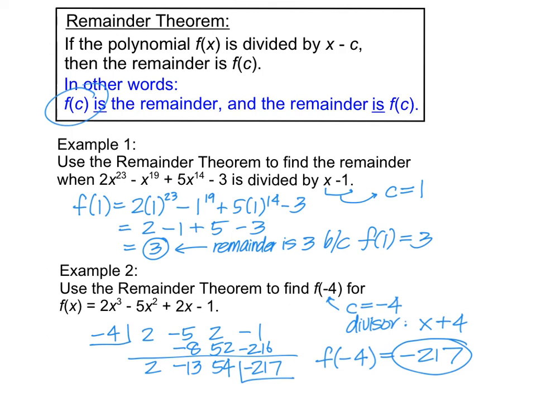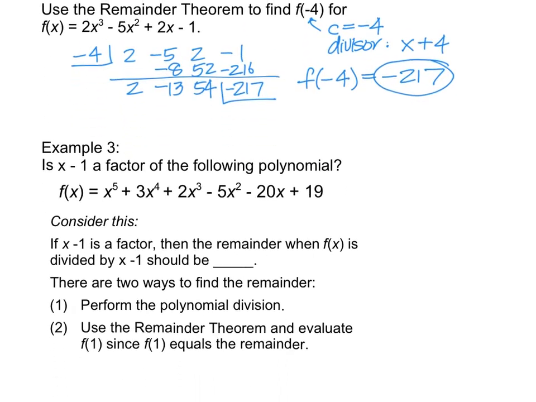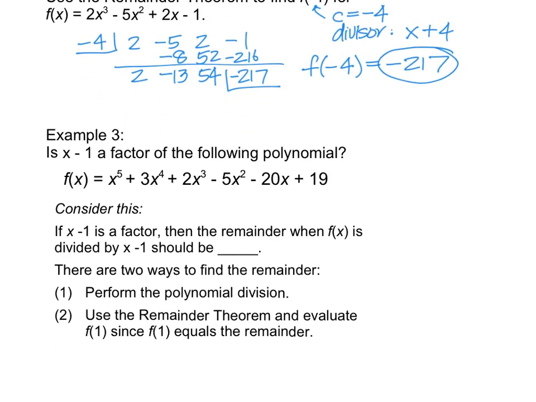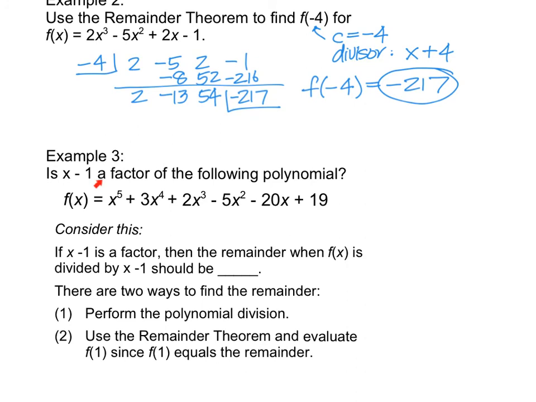Lastly, we're going to look at example 3. Example 3 here says, is x minus 1 a factor of this polynomial? Well, if x minus 1 is a factor, then when you divide this polynomial by x minus 1, the remainder should be 0.